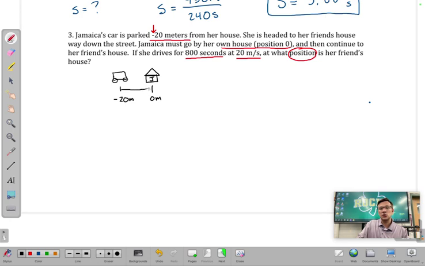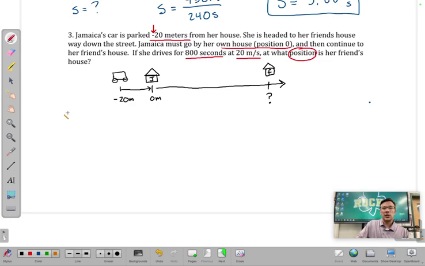Okay, so that means that she is going to drive this way, go past her house, which it says that she has to do, and then she goes down the road to her friend's house, which we will say is like right here. F for friend, okay? And then what it's wanting us to solve for is what position is that at right there. Okay, so let's go ahead and write down the things that we were told.